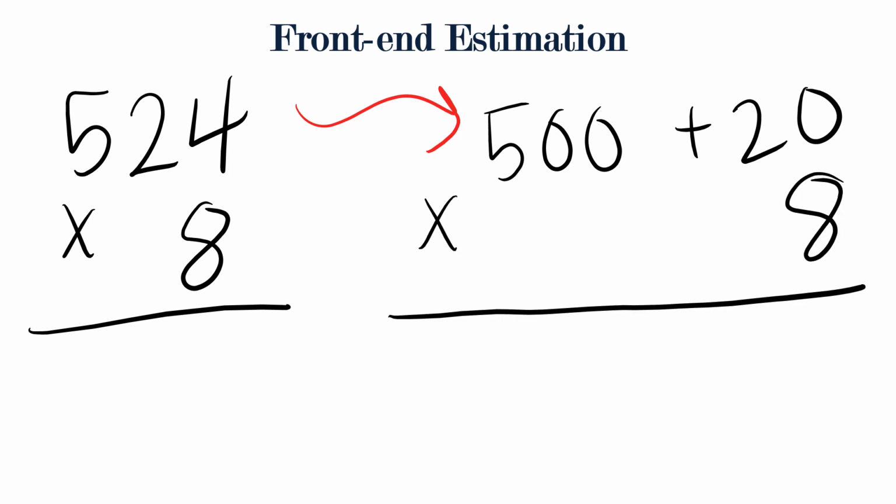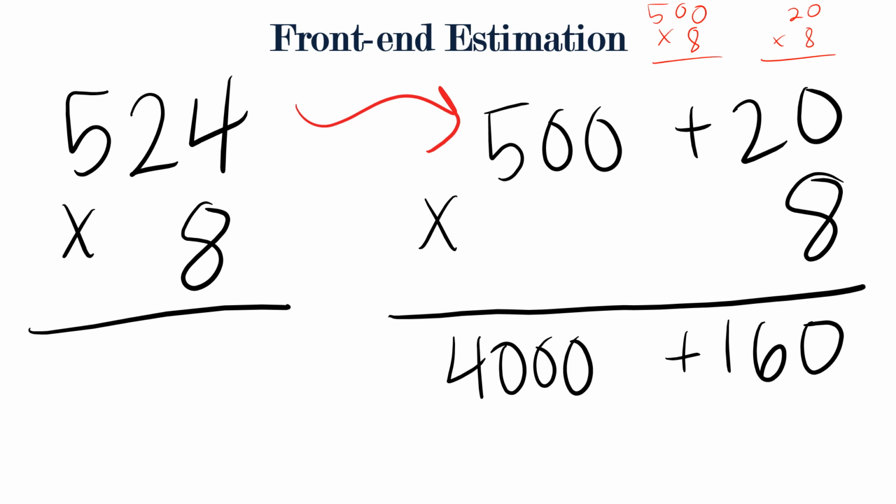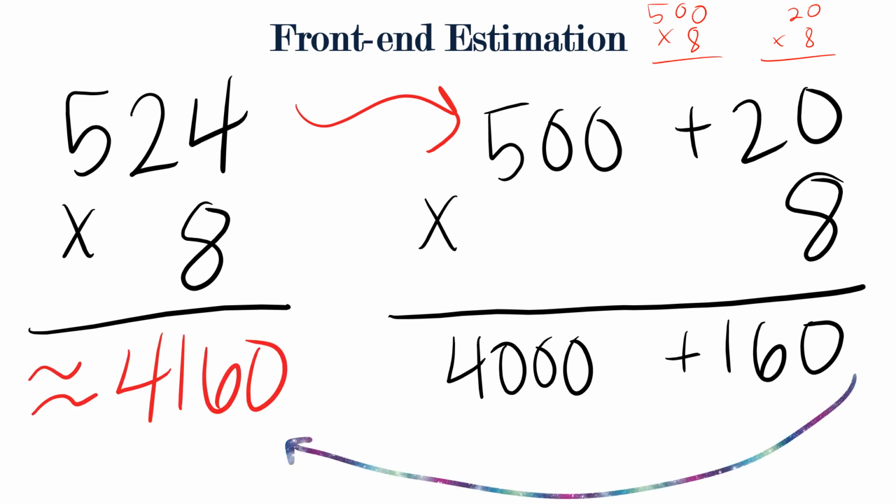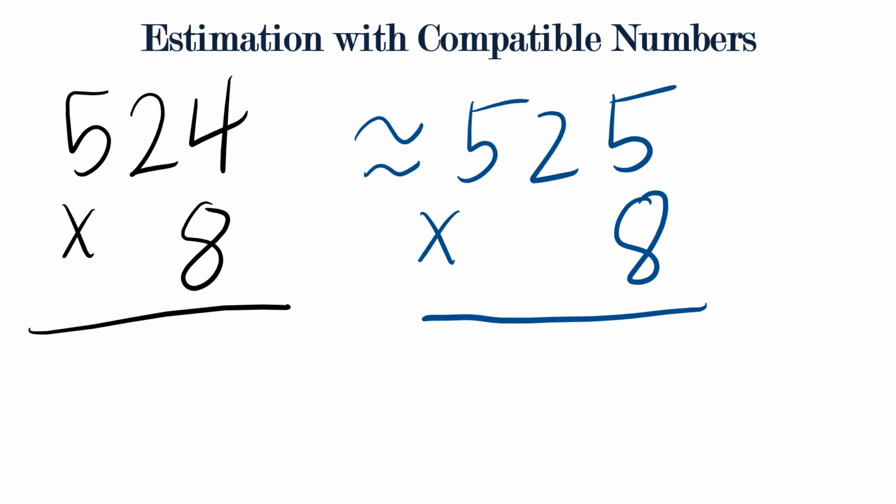Again, if you would prefer to write it as 500 times 8, and then 20 times 8, and then add those up, that's totally fine. 500 times 8 is 4,000. 20 times 8 is 160. So add those up, and that tells us that 524 times 8 is approximately 4,160. All right, so that is front-end estimation.